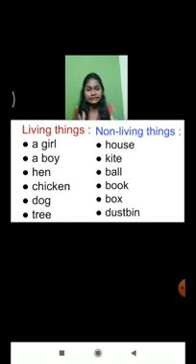These are the characteristics of living things and these are the characteristics of non-living things. Because of this you said it is a living thing, and because of something else you said it is non-living. So what are those criteria?